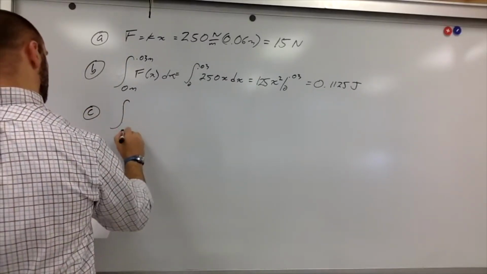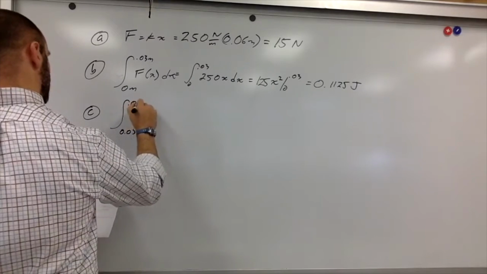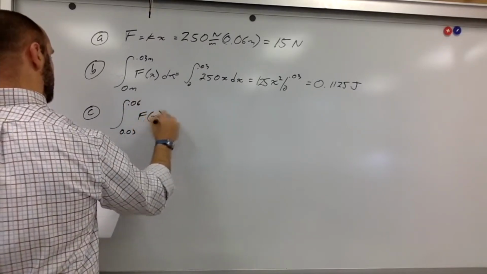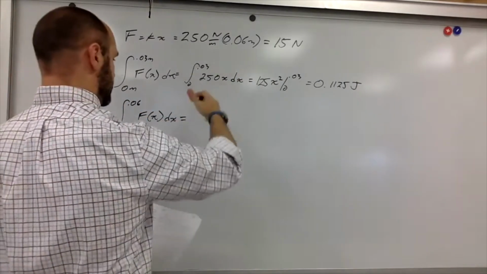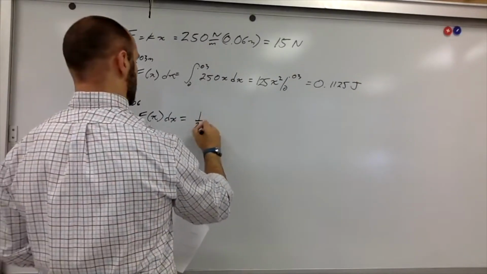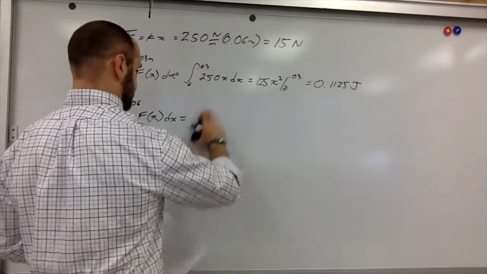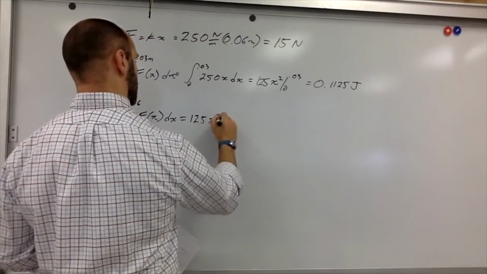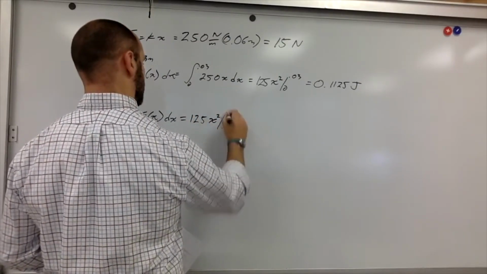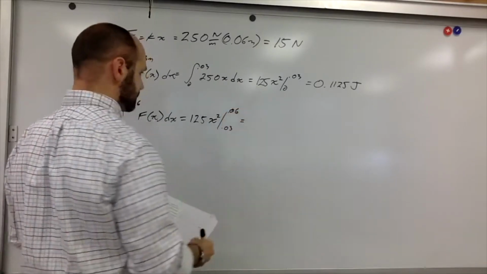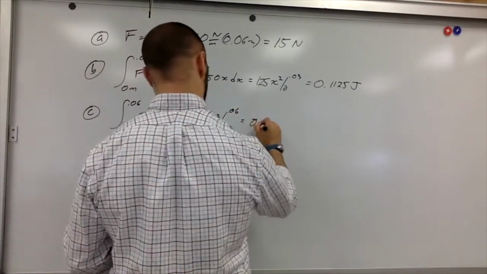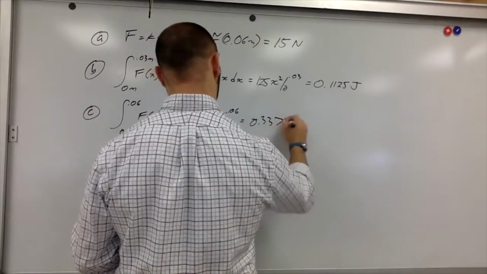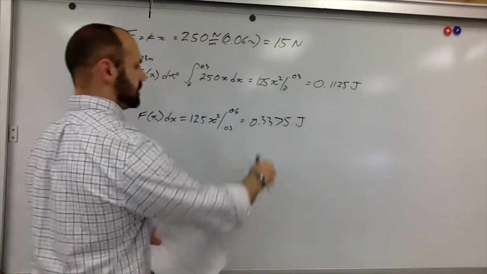So now we're going from 0.03 to 0.06, F of x dx. This looks the same as this, except that now our starting point and end points are different. So 0.03 to 0.06 turns out to be 0.3375 joules.